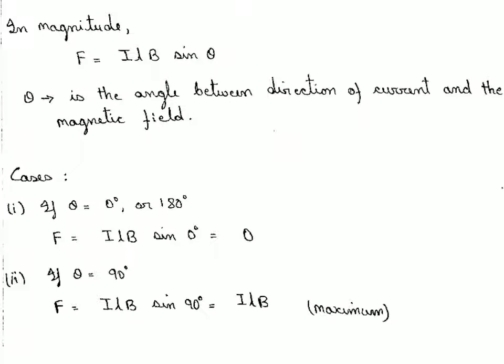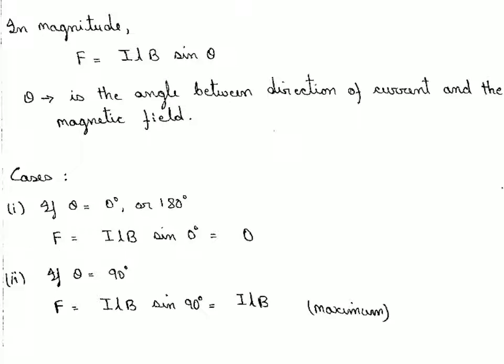So if you place the conductor parallel to the direction of the field, then the force will be equal to ILB sine of 0 or 180, which is equal to 0. So if you place the conductor parallel to the direction of the field, then it will not experience any force.